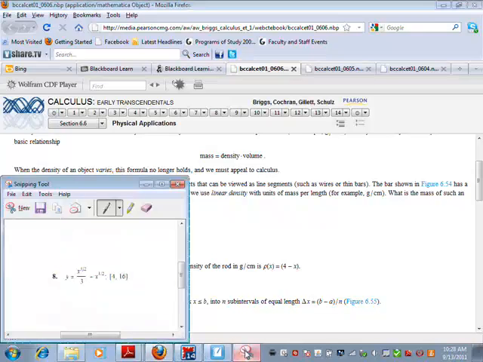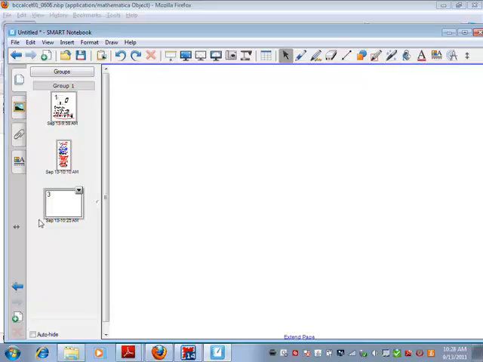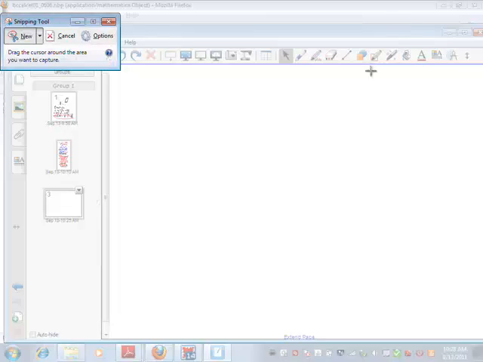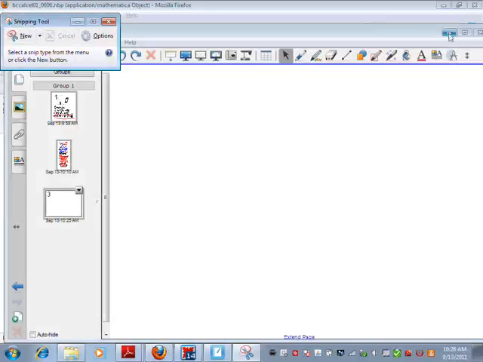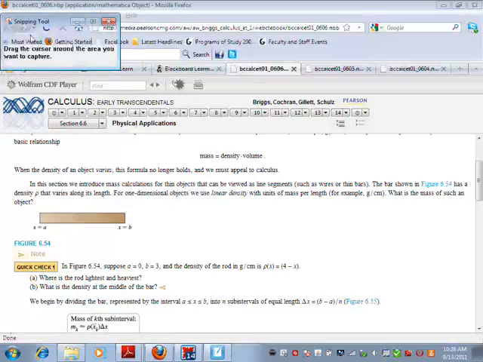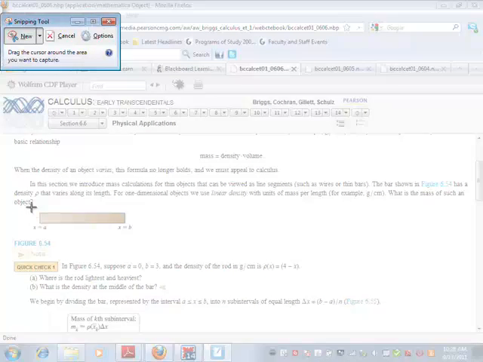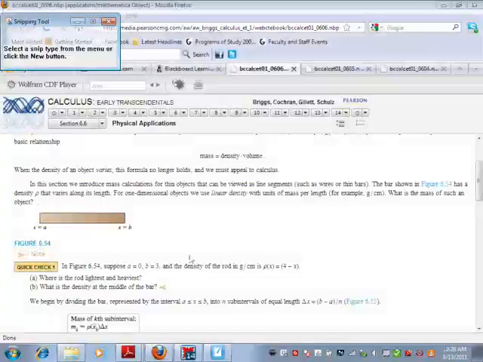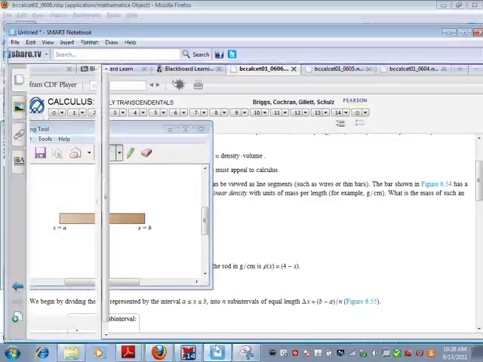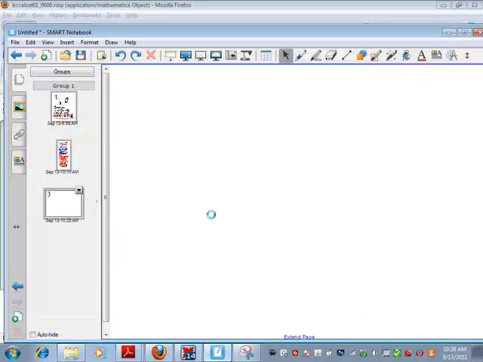And I'll do a picture here. So there's one object where the density varies on it? That's right. So I'll take this and I'll put it here.